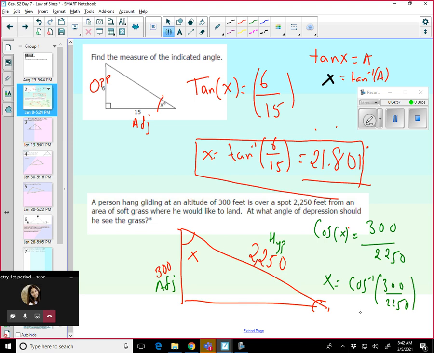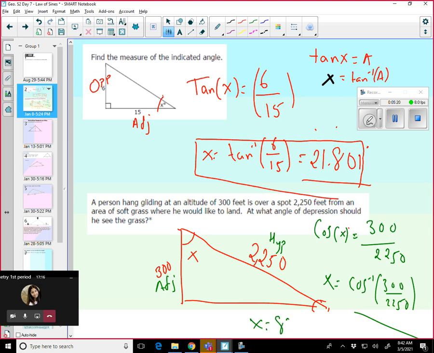Once again, make sure the mode is in degrees. So cos inverse of 300 over 2250 gives you 82.338 degrees. I hope I have solved a few problems clearly for you.